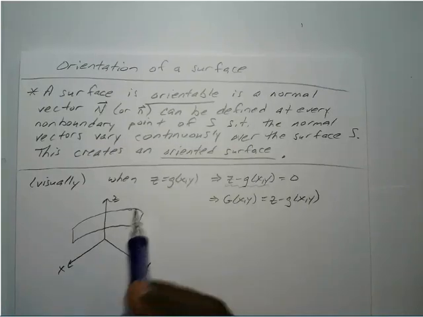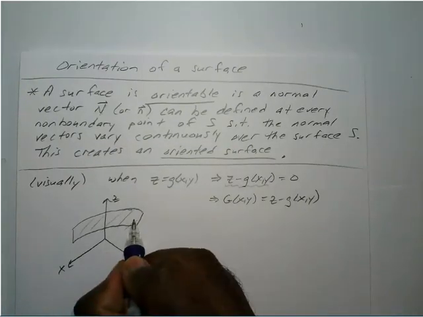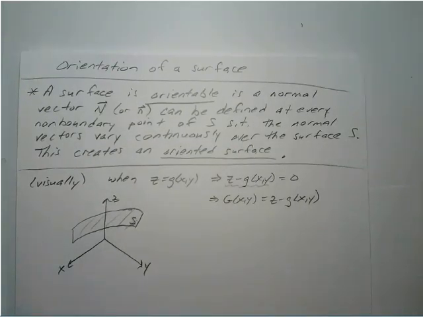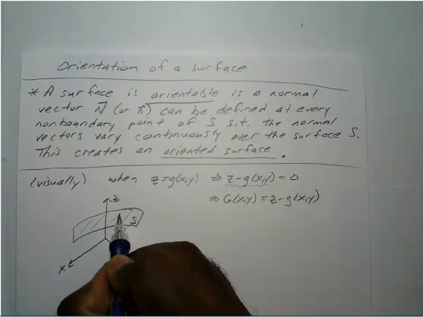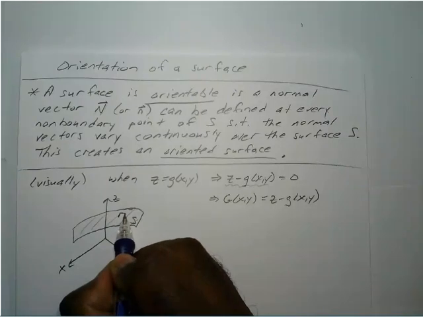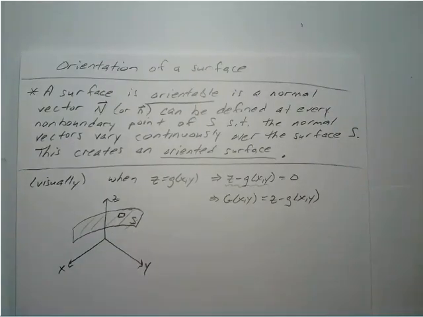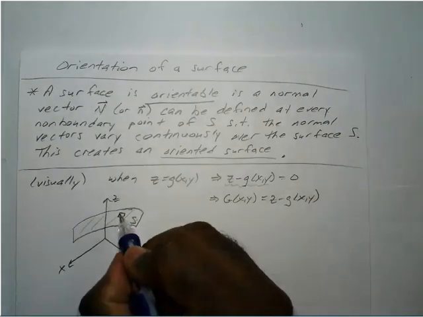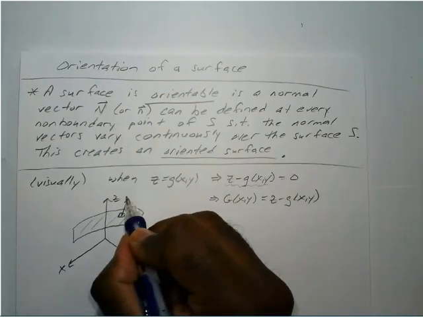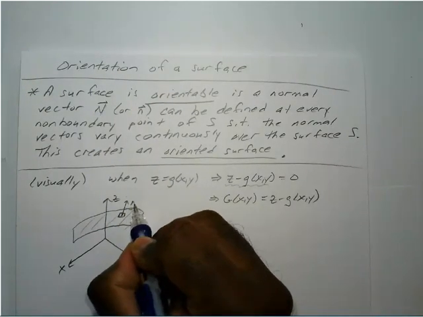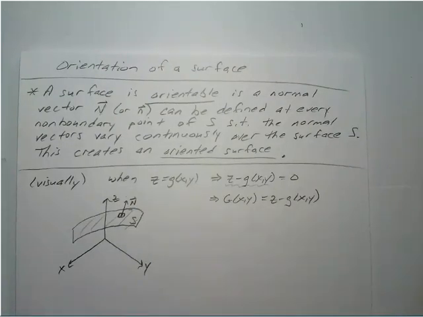Okay, so this is what we will call our surface S. Let's say in that surface, we have that little area. And in that area, you have your normal vector off that point.